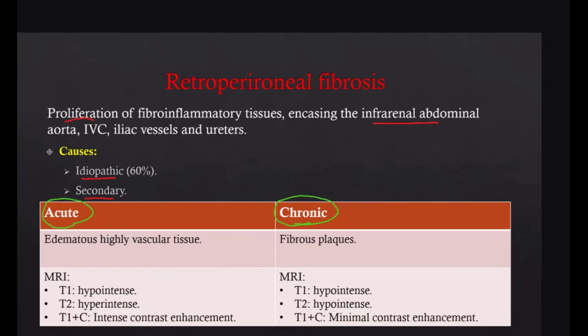Acute is edematous, highly vascular tissue, so it will display hyperintense signal in T2, while chronic is fibrous, so it will display hypointense signal in T2 and PET images. Here it is highly vascular, so it will show intense contrast enhancement, while the chronic form will show minimal contrast enhancement.